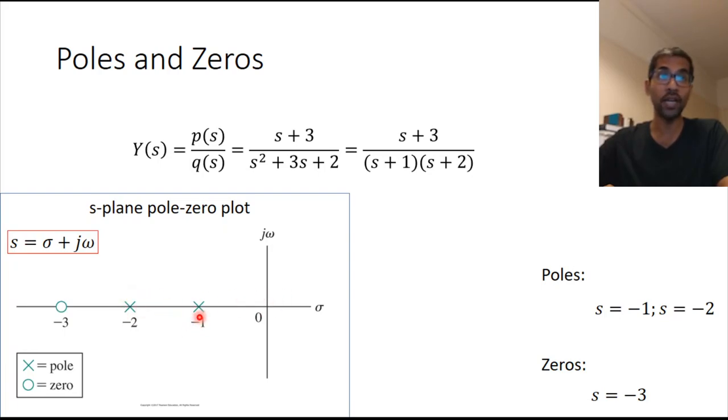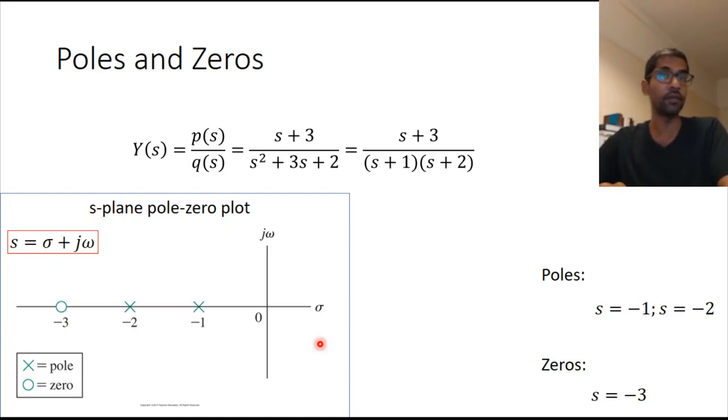So we have poles at minus 1 and minus 2, and poles are denoted by a cross, and you have a zero at minus 3, and a zero is denoted by a circle. In this s plane we have plotted the poles and zeros, and this kind of plot is called the pole zero plot.